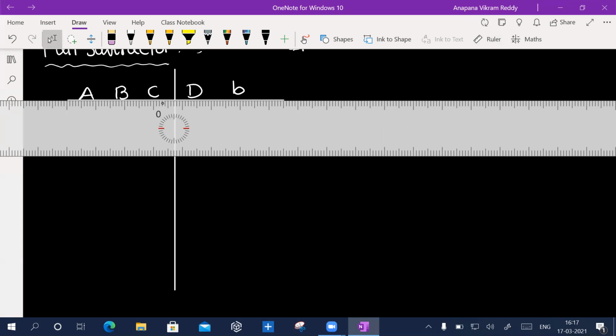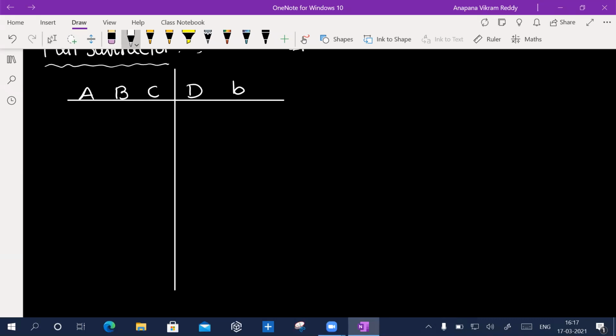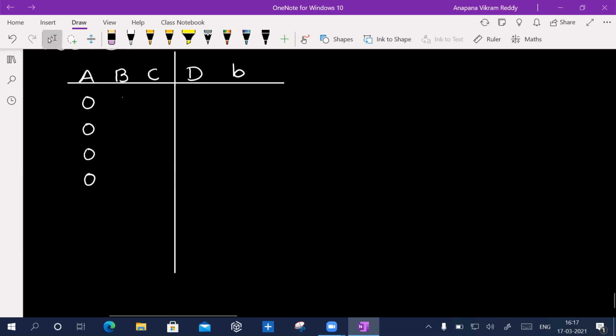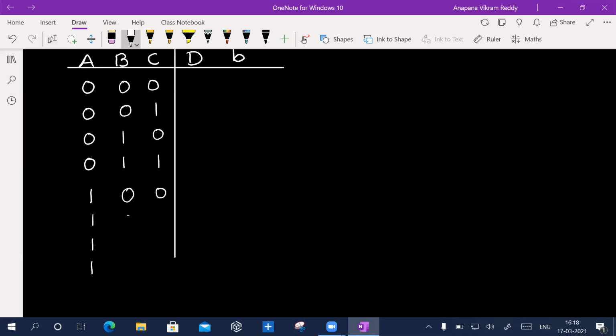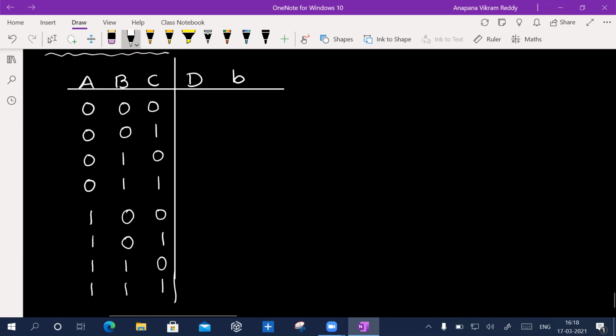Okay, A, B, C, D, B. So three inputs, I have 8 combinations, 0, 0, and I have 4 ones. So 0, 0, 0, 1, 1, 0, 1, 1.